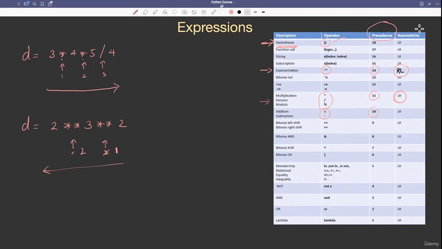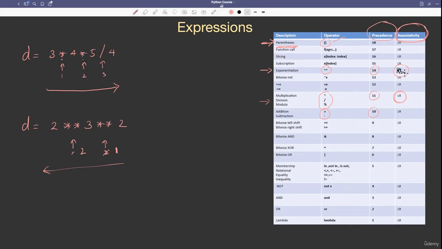So one important thing we have learned here is the associativity of operators. If the operators have the same precedence, then they are executed based on associativity. When you have multiplication and division, they had the same precedence, so they were executed from left to right. Now here powers have the same precedence, so they are executed from right to left because their associativity is right to left.